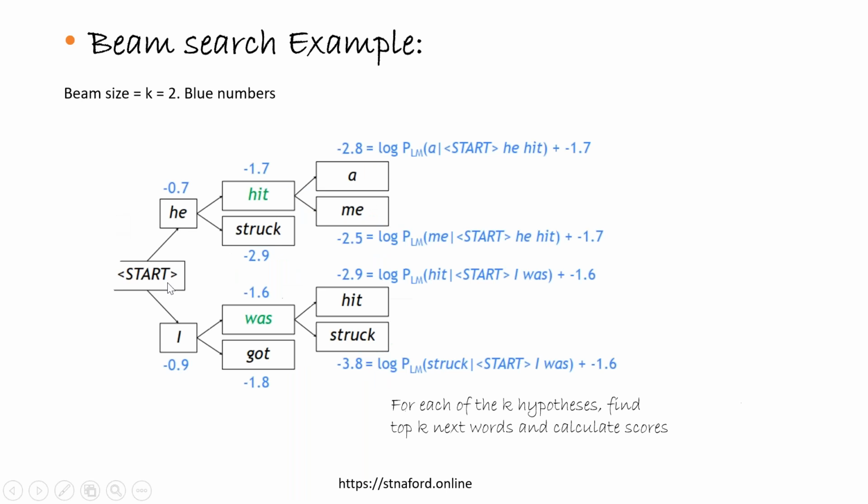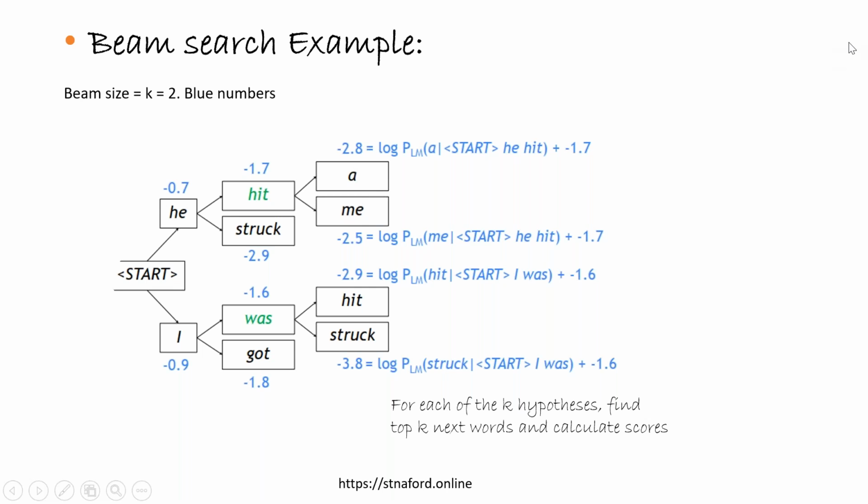So it becomes, let's say, a negative log, right? So we will get minus 2.8, let's say, for hit, and for me I will get minus 2.5 here, as hit is chosen because that has more probability. Minus 1.7 over minus 2.9, and again minus 1.6 over minus 1.8. So we'll get was and a from here, right? Now as hit comes from these, a and me, out of these two, because my beam size is 2, I am taking two words at each step.